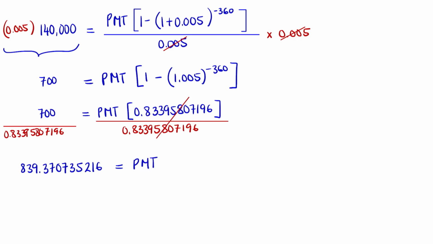So the PMT is 839.3707352216. The question doesn't give me any rounding instruction, but I'm working with dollars, so I'm going to round it to 2 decimal places. This digit is 0, so I round down to $839.37.